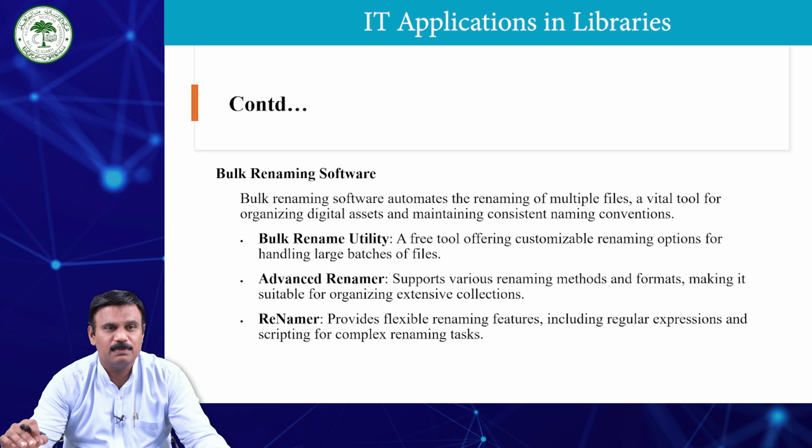Some examples of bulk renaming software are Bulk Rename Utility, which is a free tool, and Advanced Renamer, which supports various renaming methods and formats. And the third example is ReNamer, which also provides flexible renaming features, including regular expressions and scripting for complex renaming tasks.